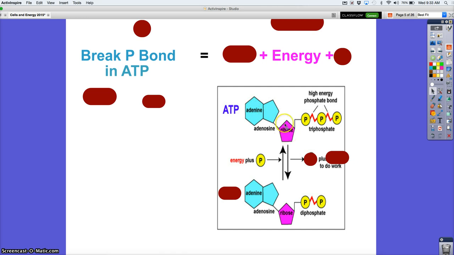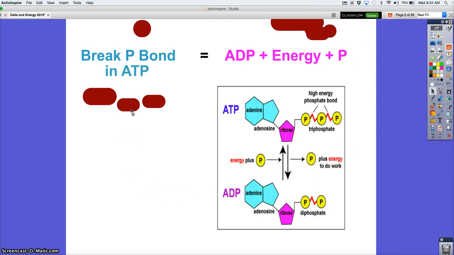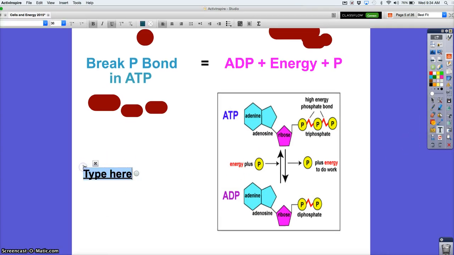So this is adenosine triphosphate. What do you think is down here? ADP, which is adenosine diphosphate. You only have two. And what's left over? A phosphate. Good. So you've got a phosphate left over and ADP when energy is released. So ADP is adenosine diphosphate. You can write that down if you want.